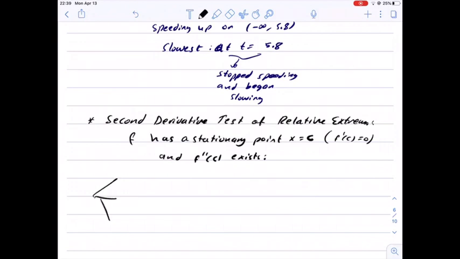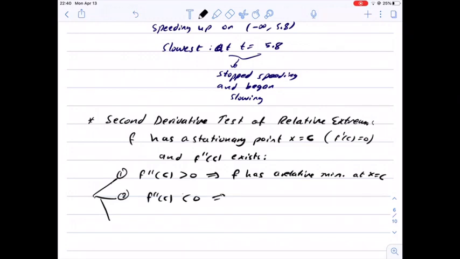Then we have three cases. First, if the second derivative evaluated at C is greater than 0, then f has a relative minimum at x equals C. If the second derivative evaluated at C is less than 0, then f has a relative max at x equals C. So if the second derivative evaluated at C is greater than 0, then f has a relative min.